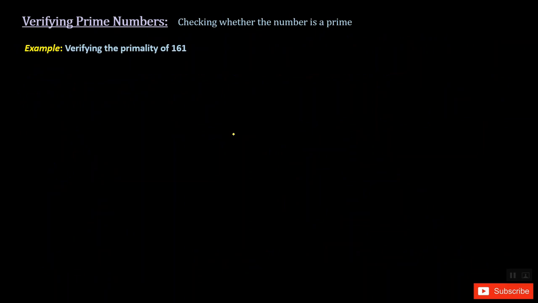Verifying prime numbers, checking whether a number is prime or not. Verifying a prime number is a concept mainly required for competitive exams which don't allow you to use a calculator, such as GMAT. Then how do I verify whether 161 is a prime number?